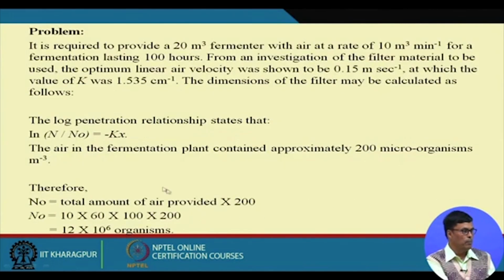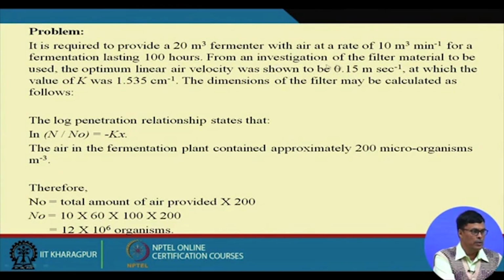So there is a problem here. It is required to provide a 20 cubic meter fermenter with air at a rate of 10 cubic meter per minute for a fermentation lasting 100 hours.